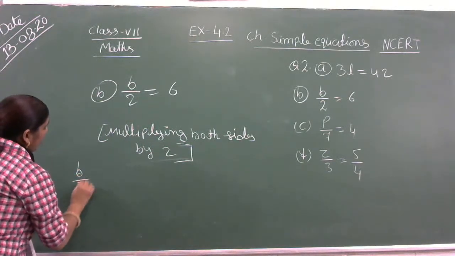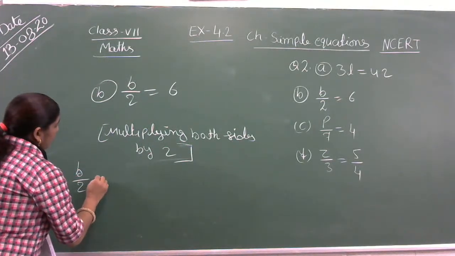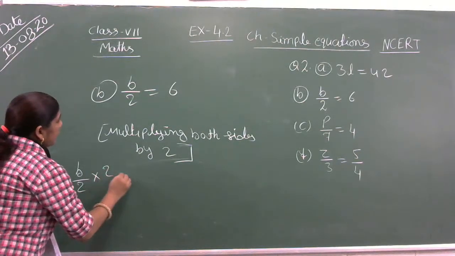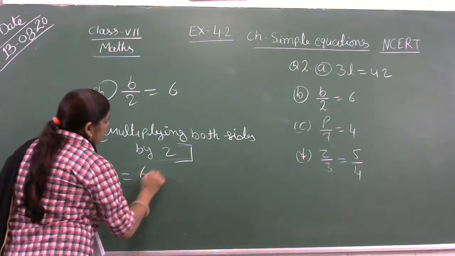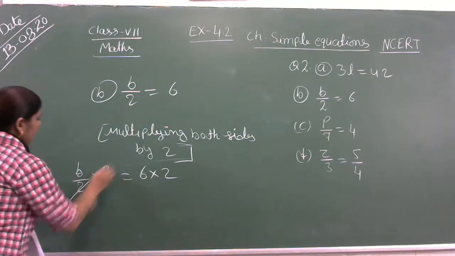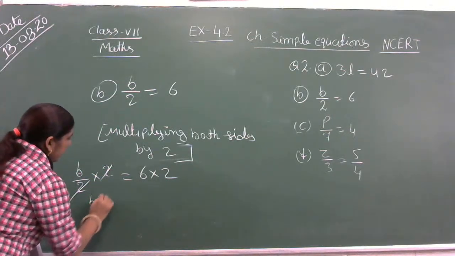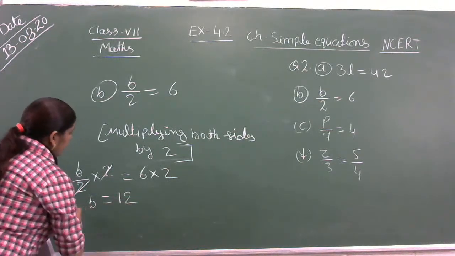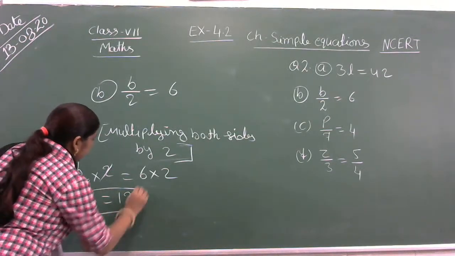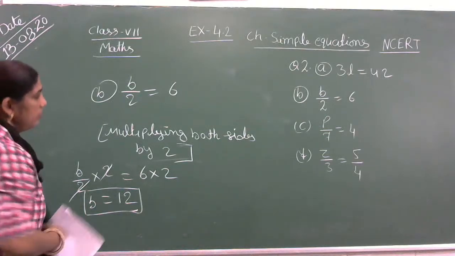So b upon 2 multiplied by 2 equals 6 multiplied by 2. The 2 cancels. b equals 12. This is your answer.